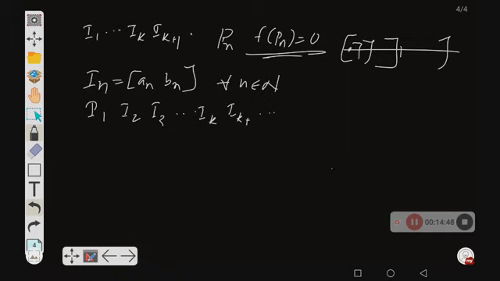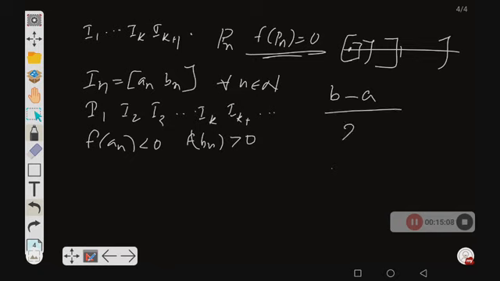These intervals have the property that f of an is less than 0 and f of bn is greater than 0. Also, since we get these intervals by bisection of the previous interval, we can take the length of the interval as (b1 minus a1) divided by 2 raised to n minus 1, which you can check.